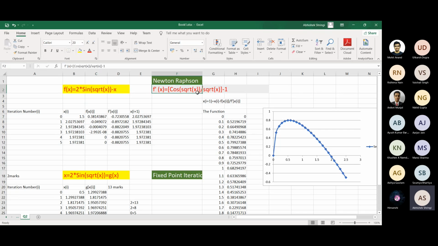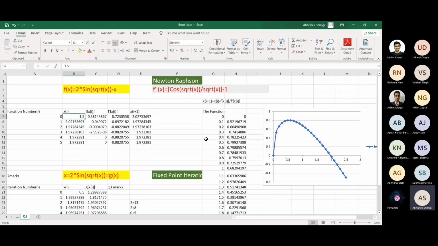So 2 marks for finding the derivative, and 1 mark for writing the Newton-Raphson equation, the basic iteration equation, xi plus 1 equals xi minus fxi divided by f dash xi, and then carrying out the iterations correctly fetches you 12 marks. And in this again, some marking has been done.